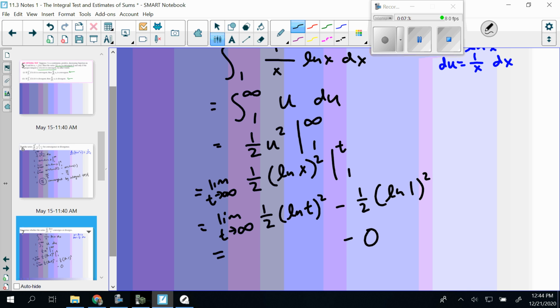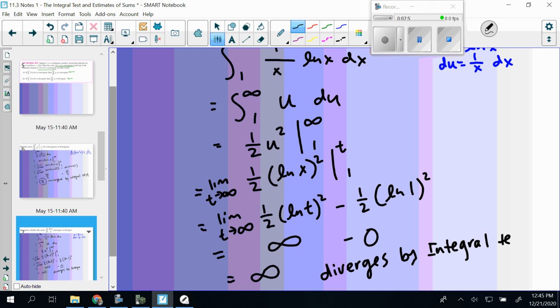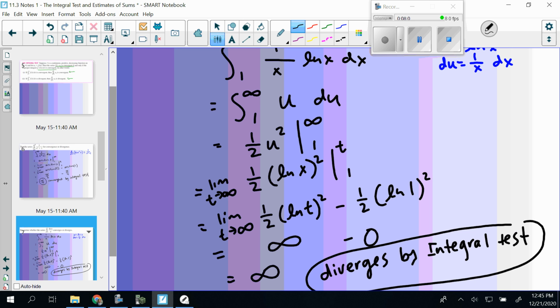So this is infinity. Well, that means this is going to keep increasing. So is that a finite number? Nope. So what we see here is this series diverges by the integral test. So if you don't equal a finite number, that's going to be a divergent one.